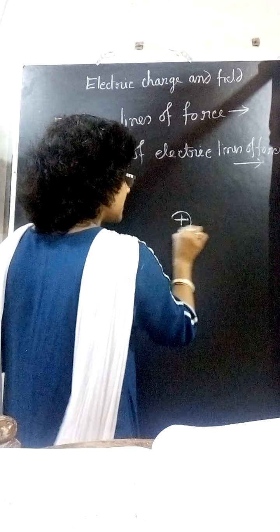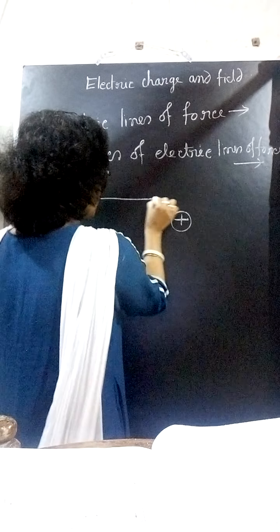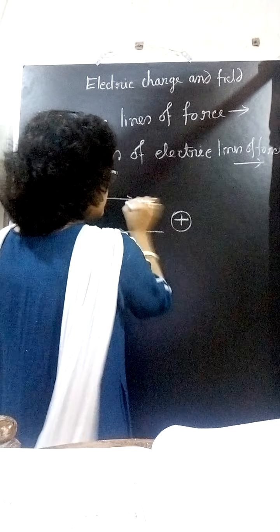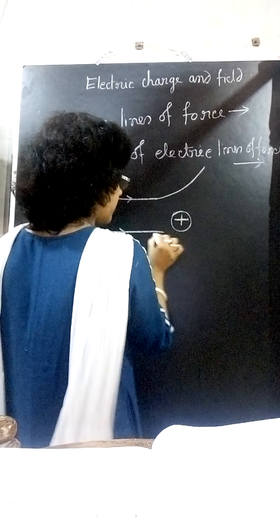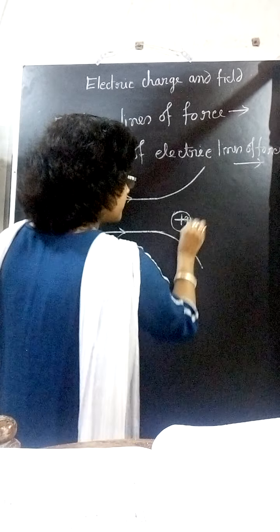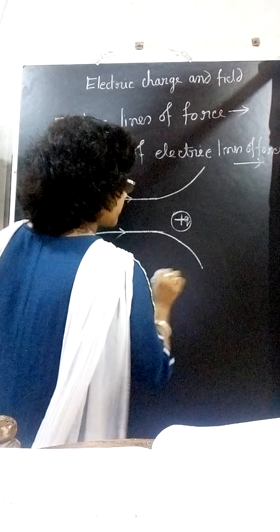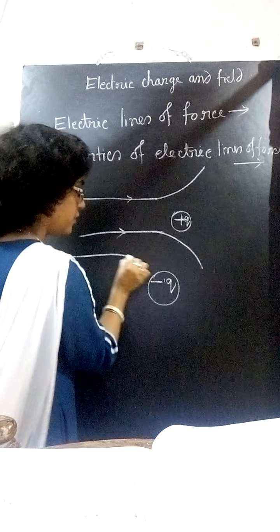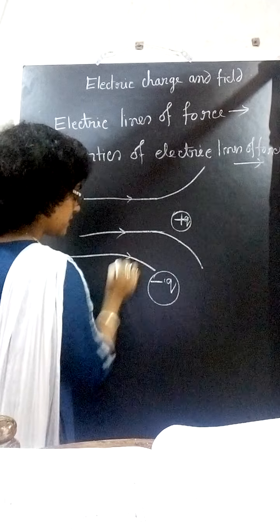That is, if somewhere a positive charge is kept and electric lines of force are coming towards the positive charge, then they will be repelled. But if a negative charge is kept, then the electric lines of force will be attracted.